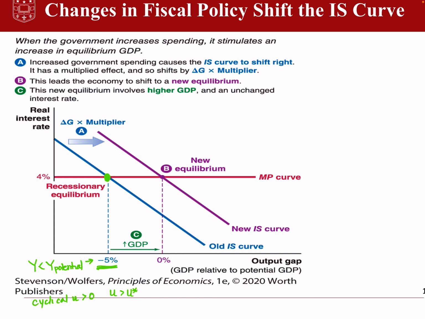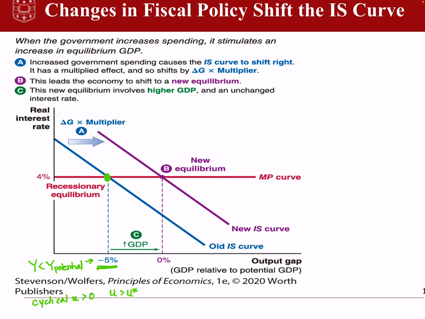And so together, the IS curve is going to shift out by more than just the change in government expenditures, by whatever the multiplier dictates. So this is going to lead to a new equilibrium in the macroeconomy, and if it's done just right, as it is in this picture, then this is going to lead to a closing of the output gap.